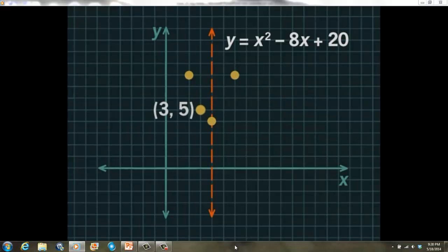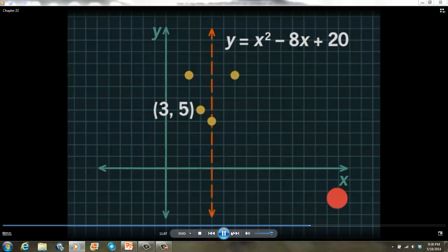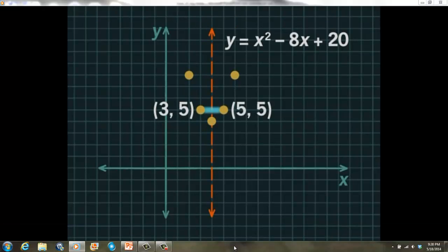The point (3, 5) is on the parabola. Once we know that the point (3, 5) is on the parabola, we can use symmetry to find another point. The point (5, 5) is on the parabola. This new point (5, 5) is the image of the point (3, 5) reflected over the axis of symmetry.